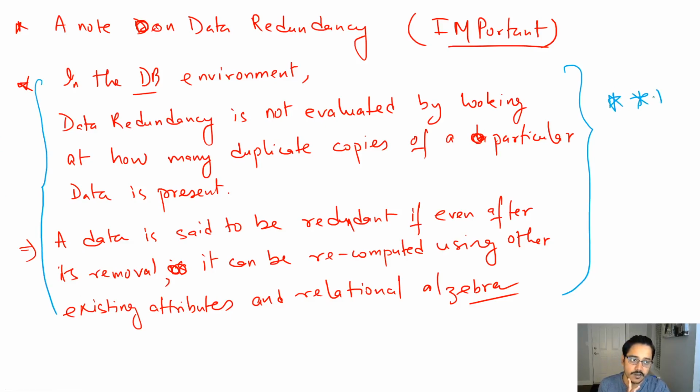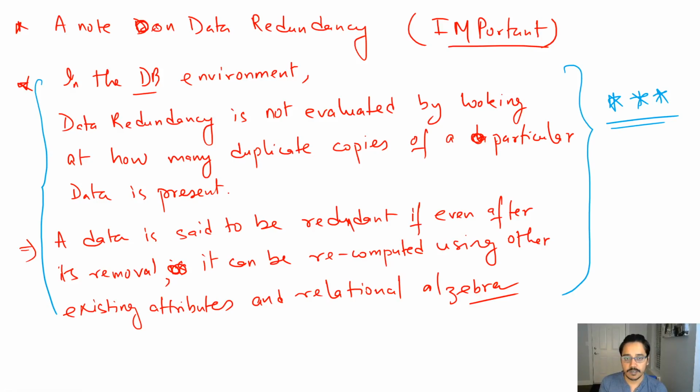This one is pretty important because generally students overlook the fact that whenever they are asked, oh, is this data redundant in the database environment, their go-to answer is to check for duplicate copies of the data. In the file system environment, that is true. Okay, when we're talking about file systems, that is completely applicable, right?